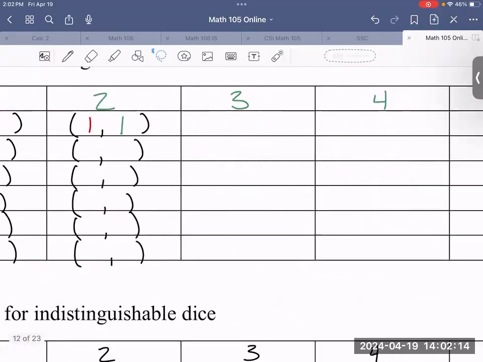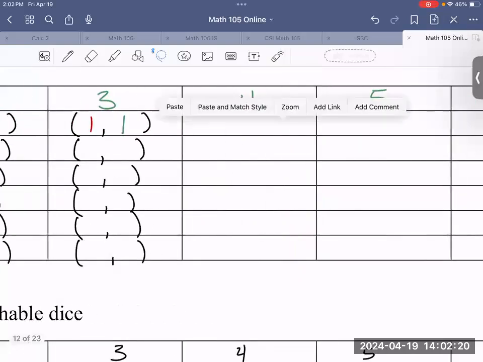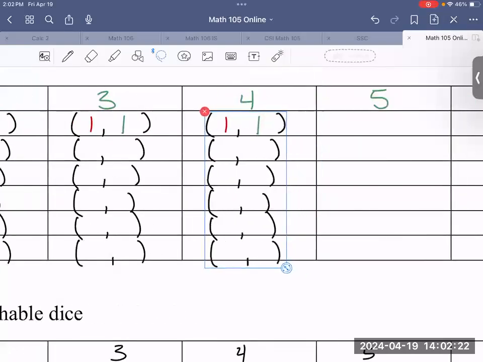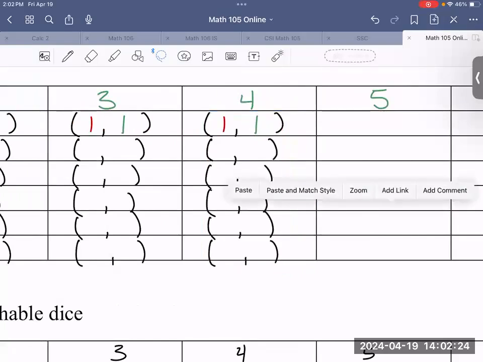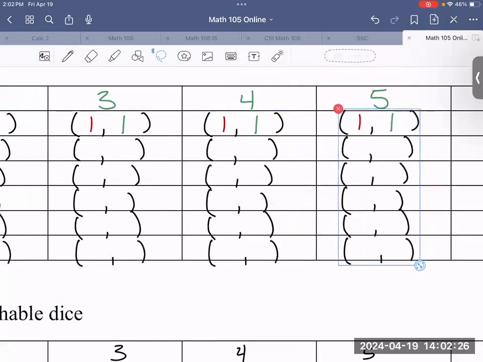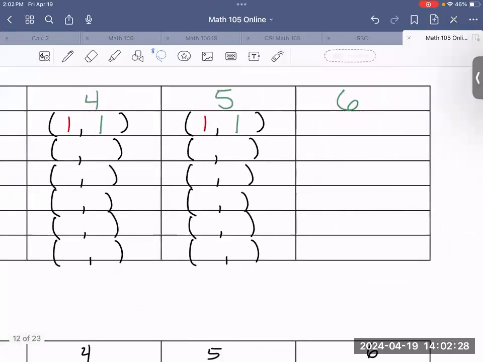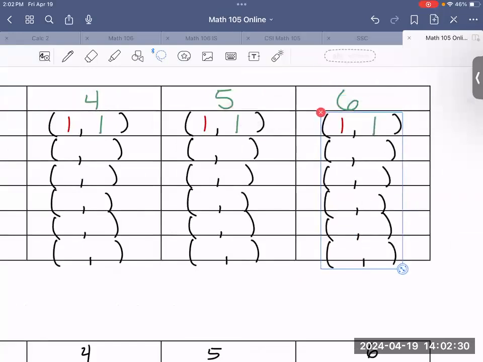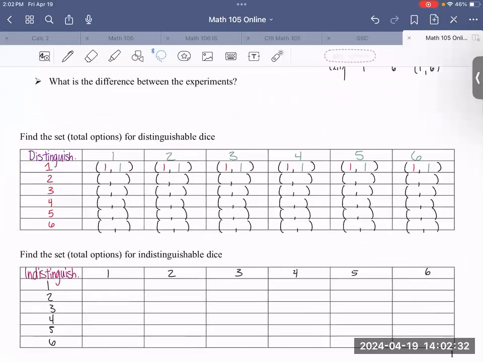And I might fill this out wrong at the start. Okay. Let me do a little erasing. Okay.